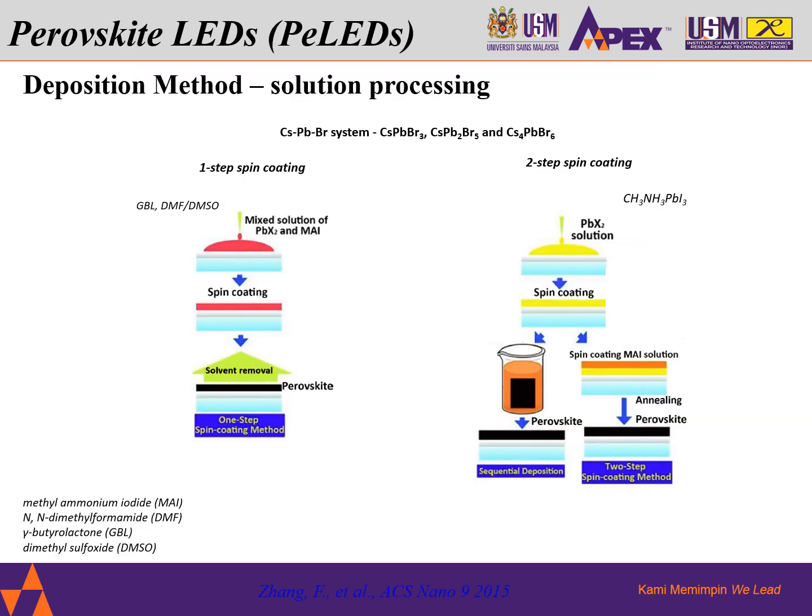The deposition method. There are two main methods typically used in perovskite material deposition, that are solution processing and also vacuum deposition. In addition, the combination of solution and vacuum deposition has also been used.